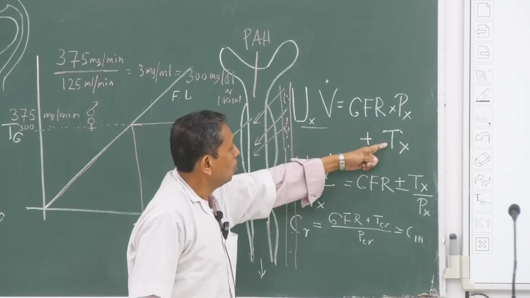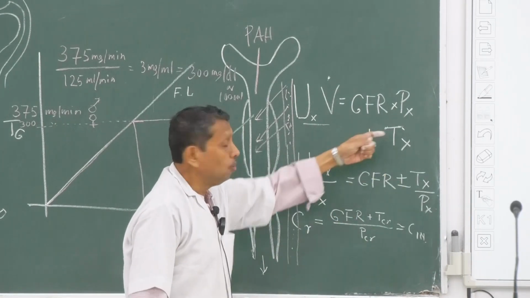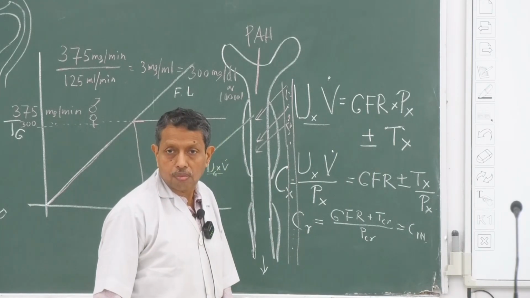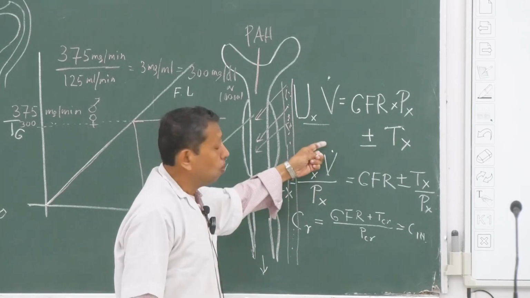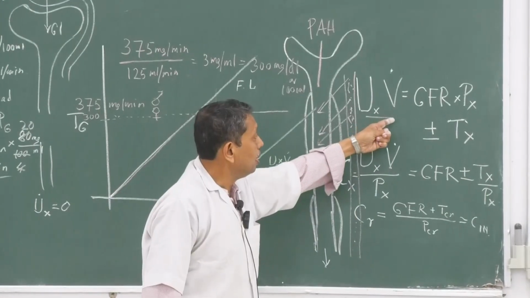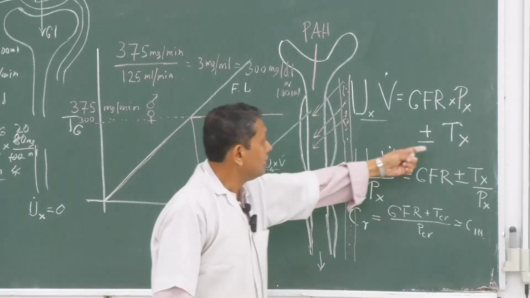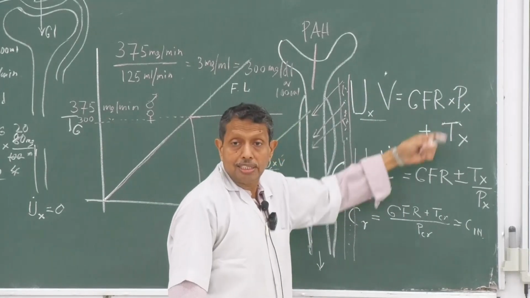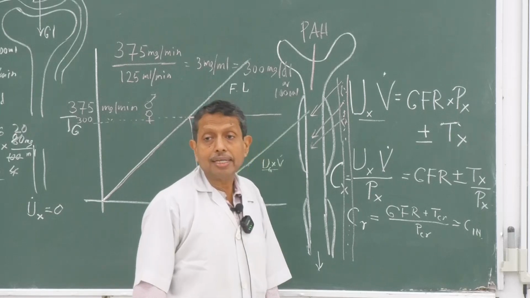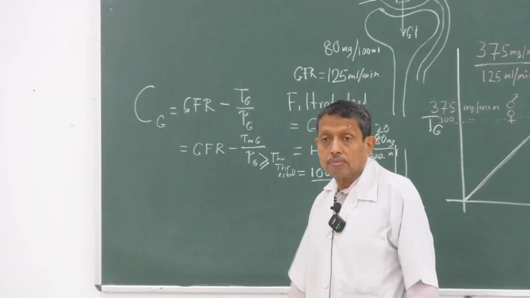there is all transfer. GFR into Px minus Tx, it becomes 0 because there is no change. Normally, when it is below the threshold level, then Ux into V is equal to GFR into Px minus Tx. Tx is equivalent to this value, so that it is 0. So clearance is 0. You can apply this concept in this.